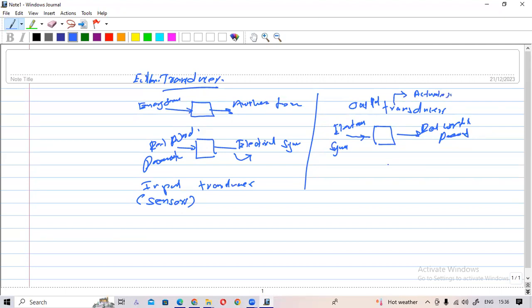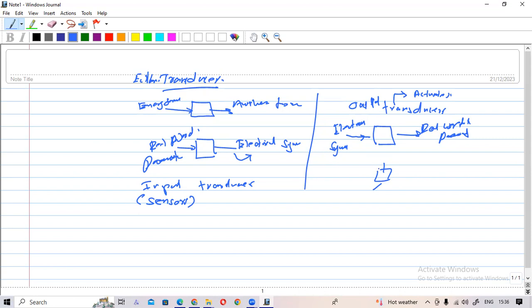Actuators. For example, if you consider a motor, when we supply power, the motor is rotating. So we input an electrical signal, and the output is movement, kinetic energy.